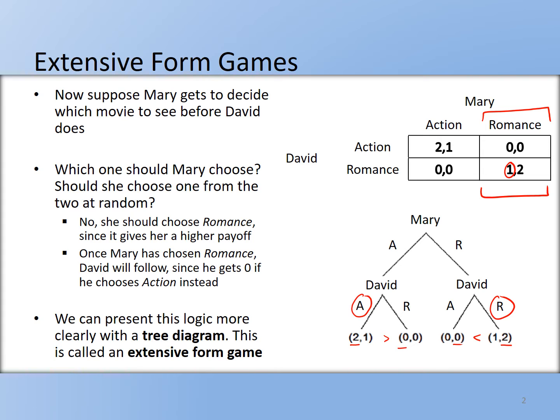She understands that if she goes to the left-hand side, choosing the action movie, David would respond by choosing the action movie. And if she moves to the right-hand side, choosing the romance movie, David would respond by choosing the romance movie. That means she understands that her choice would lead to the following two outcomes.